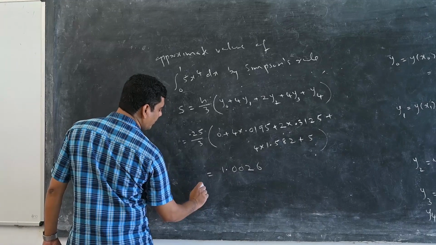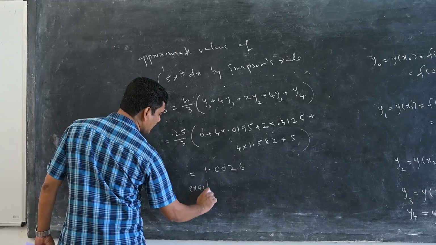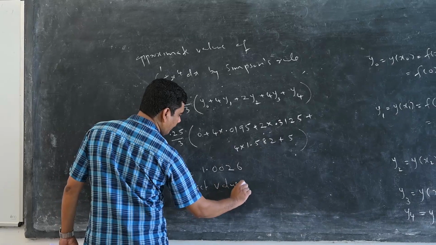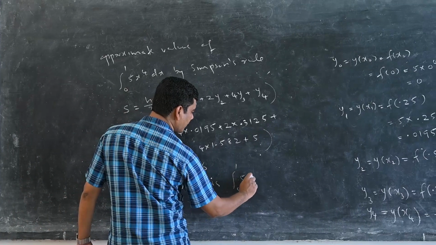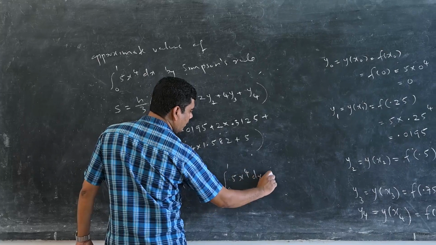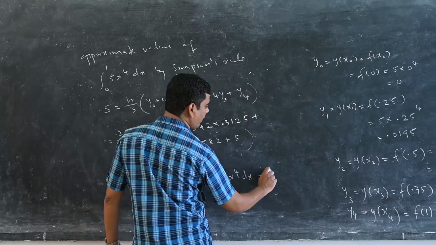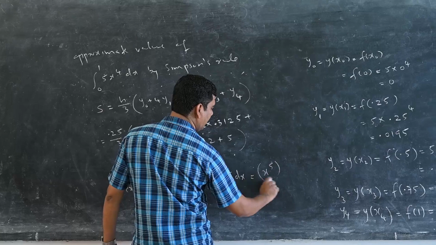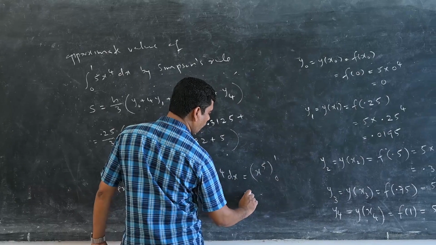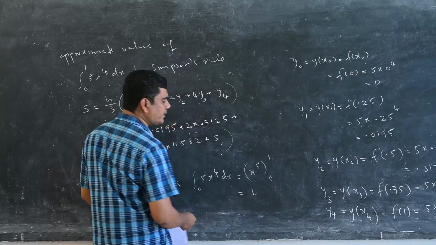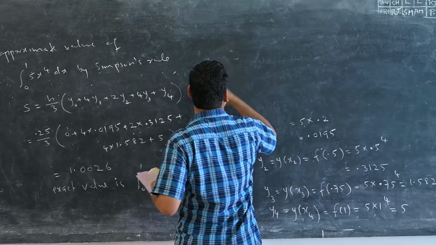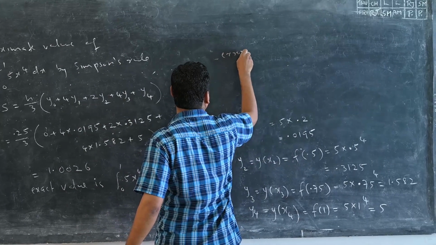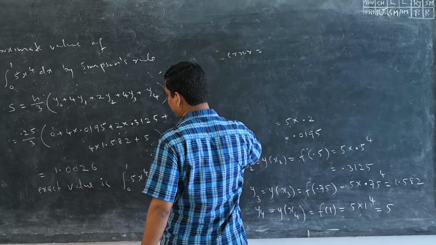Now the exact value is integral 0 to 1 5x raised to 4 dx. Integral of 5x raised to 4 is x raised to 5, with limits 0 to 1. This is equal to 1. So the exact value of this integral is 1. So the error is the difference between these two.